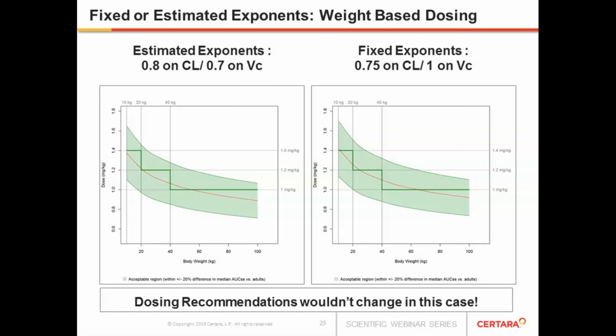We can clearly see that the dosing recommendations are the same based on the model with fixed or estimated exponents, and in both cases median values for each age group or weight group were within the 20% difference with regard to the median AUC in adults. So in this specific case, using fixed or estimated did not have an impact on dosing recommendation.